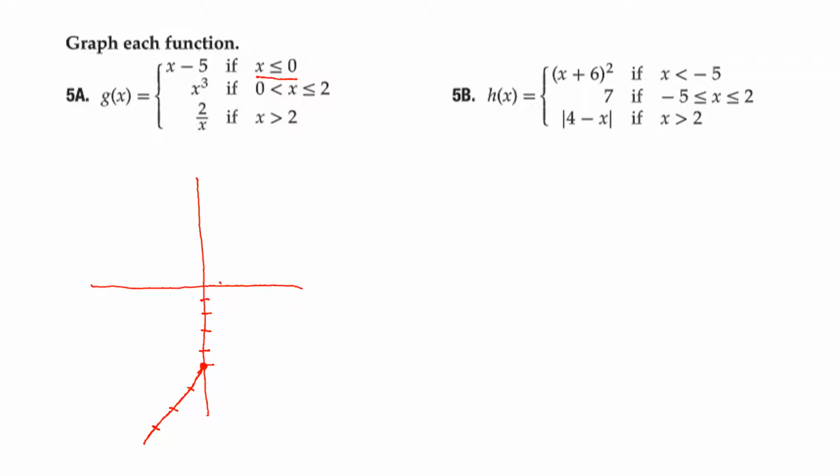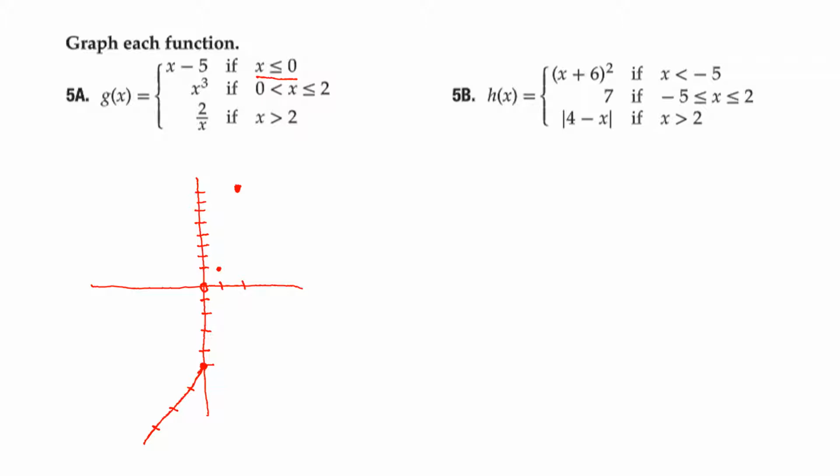Okay? Then I have x cubed between 0 and 2. So here's 1, 2. Now the cubed function, I'm not equal here, but it goes at 0 and then 1, 1. And then if I put 2 in there, 2 cubed is 8. 1, 2, 3, 4, 5, 6, 7, 8. And it's equal to here with a dot.